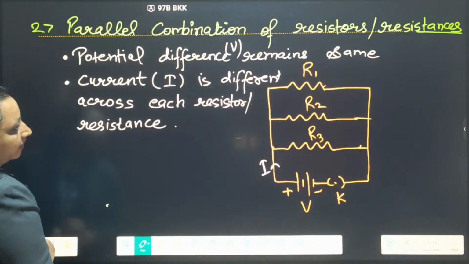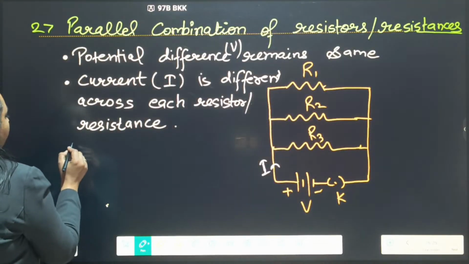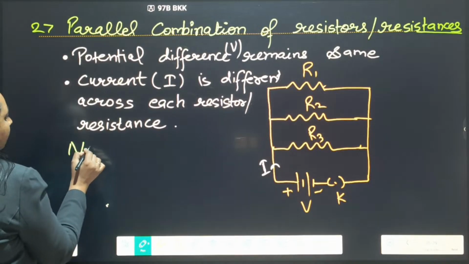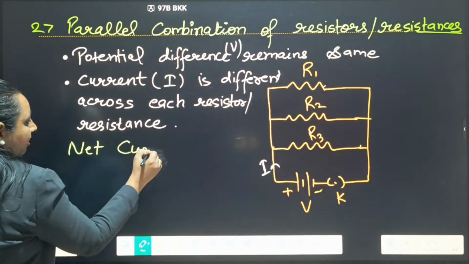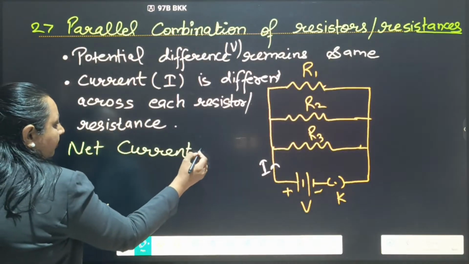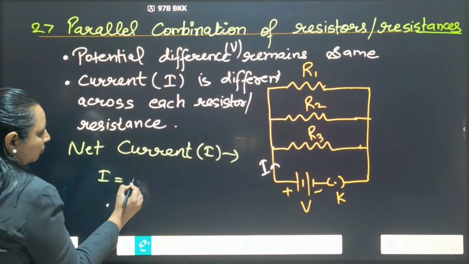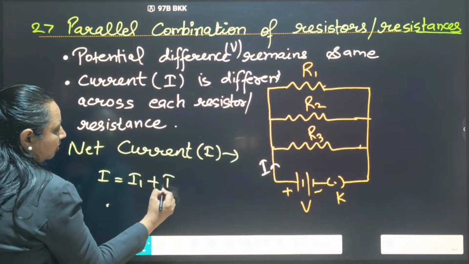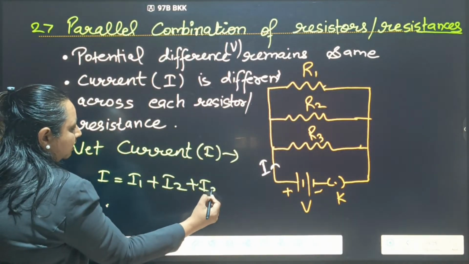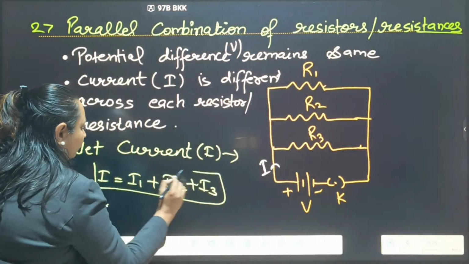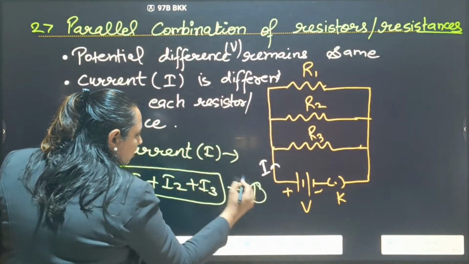So in this we have net current. We have to find the net current of the circuit. So net current I is equals to I1 plus I2 plus I3. Put this as equation number 1.